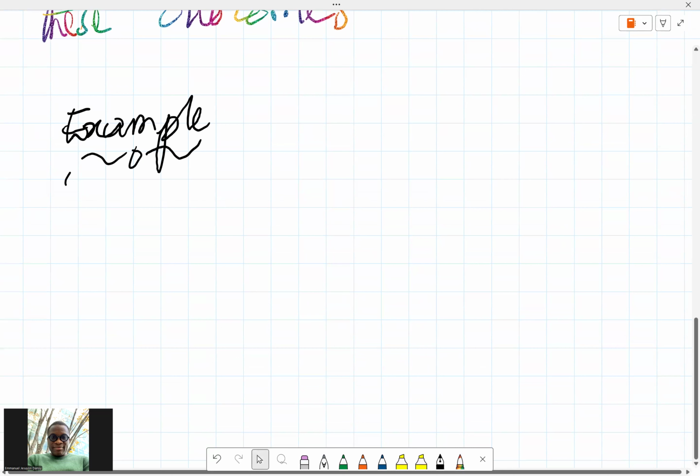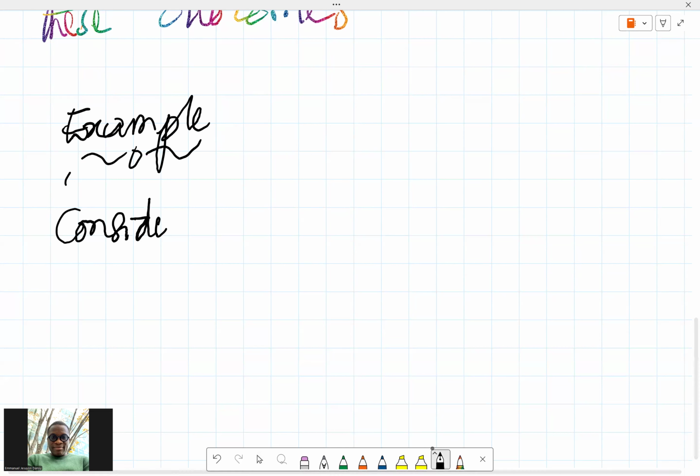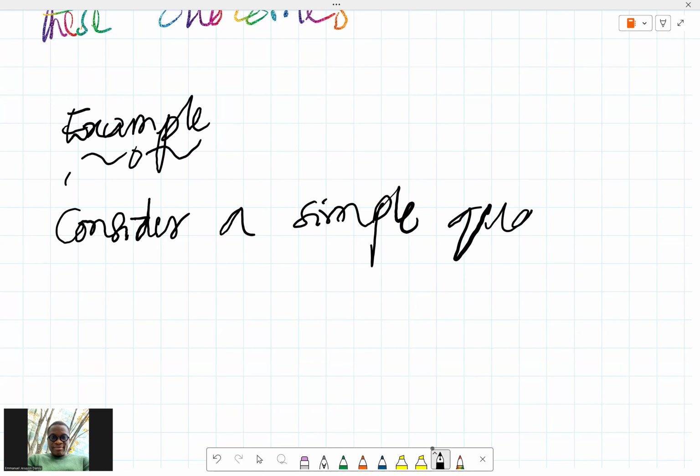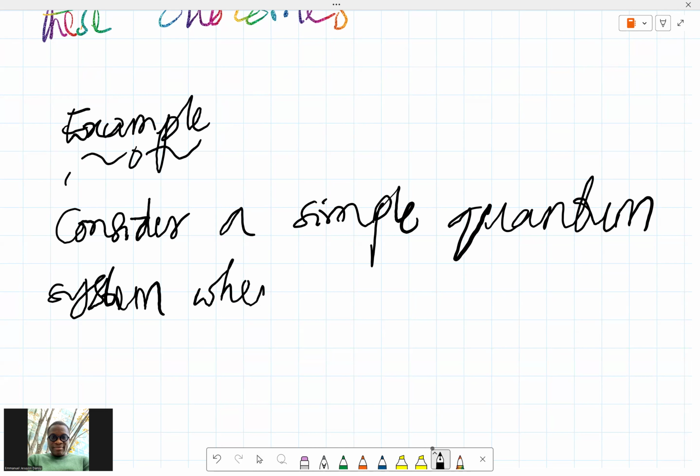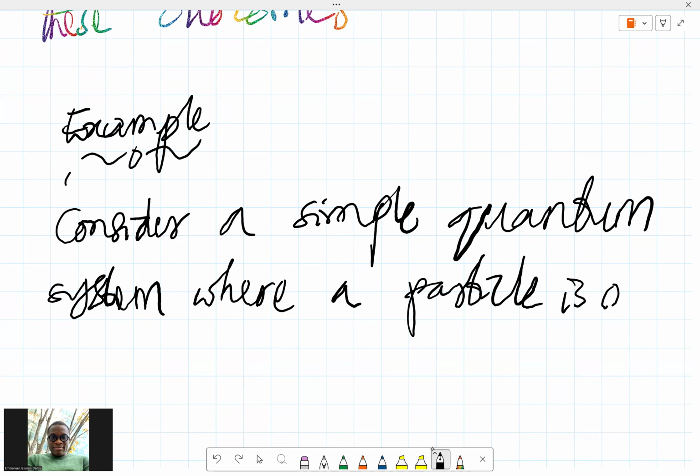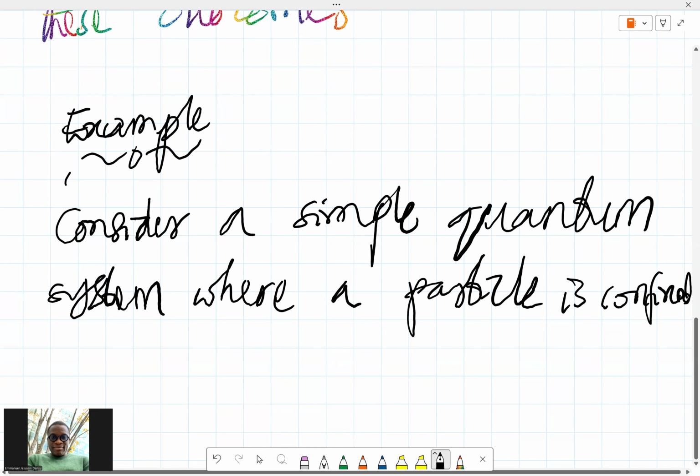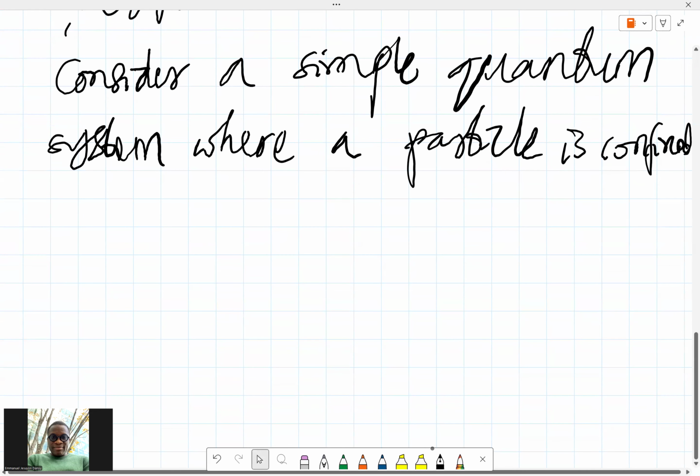So we're looking at a particle in a one-dimensional box. Consider a simple quantum system where a particle is confined in a one-dimensional box.